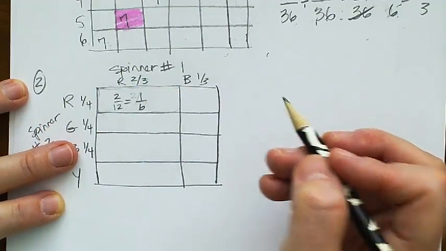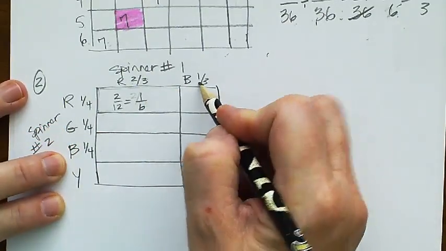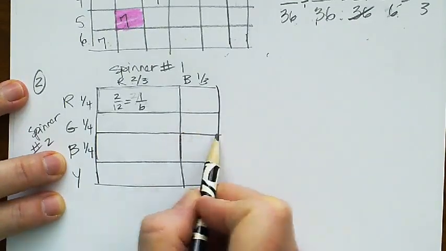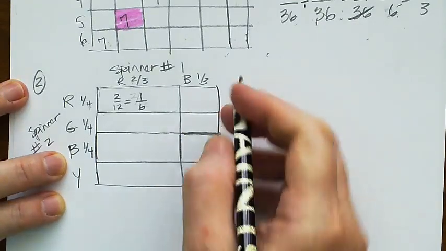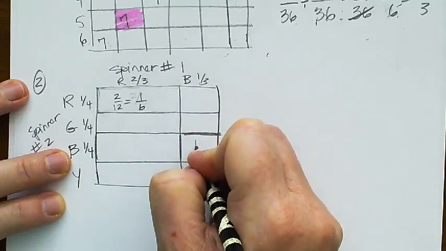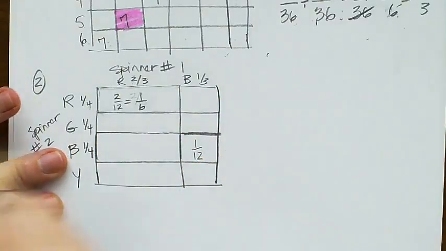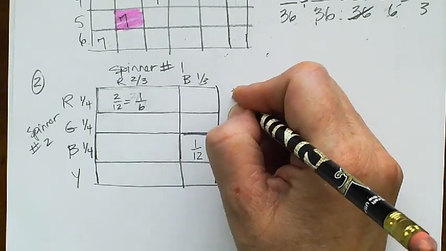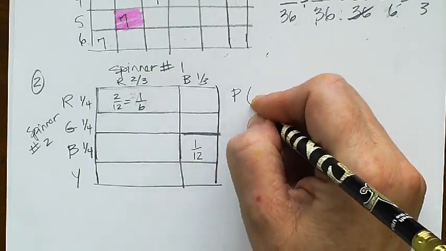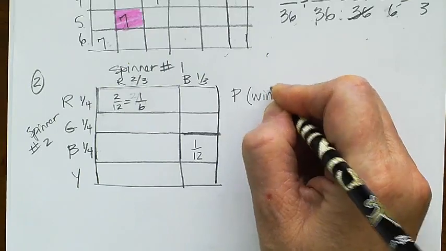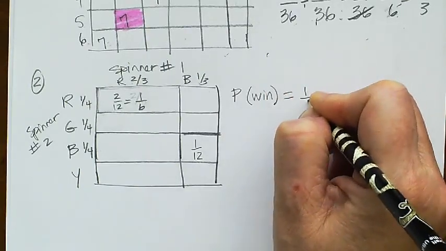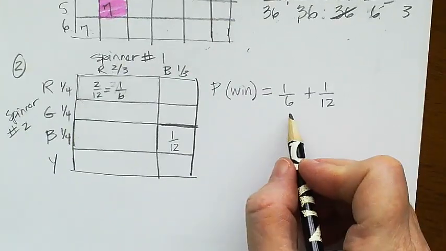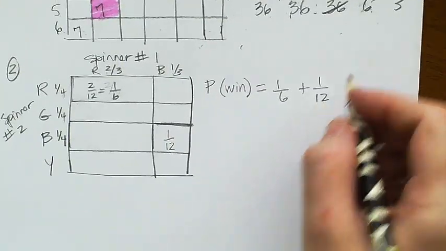Okay, probability of getting blue and blue: the height is 1/4, the base, the length, is 1/3. So 1/4 times 1/3 is 1/12. So the probability of winning a prize for part B is 1/6 plus 1/12, which I need a common denominator if I'm adding those.